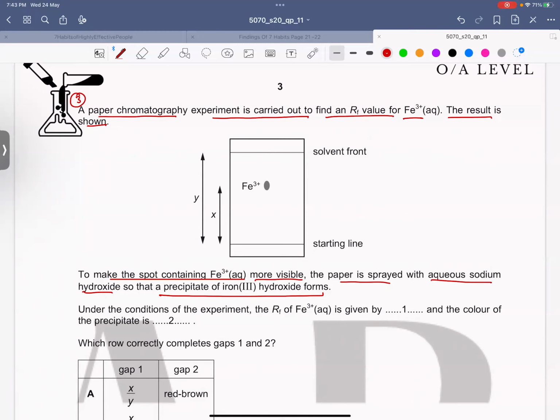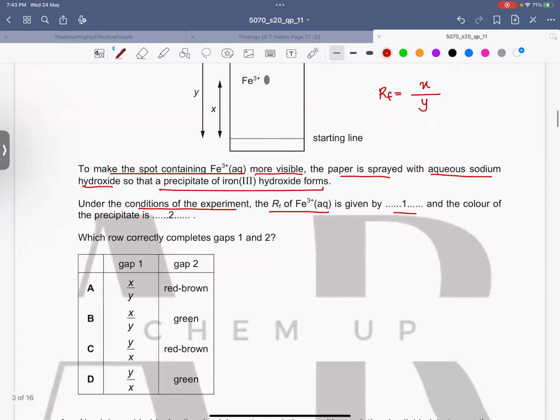Now, under the conditions of the experiment, the RF of Fe3 positive aqueous is given by, blank 1. So the RF value for Fe3 positive would be equal to the distance traveled by Fe3 positive ions, which is X, divided by the distance traveled by the solvent, so X over Y. So we can easily mark C and D wrong because the expression for the RF value is wrong.